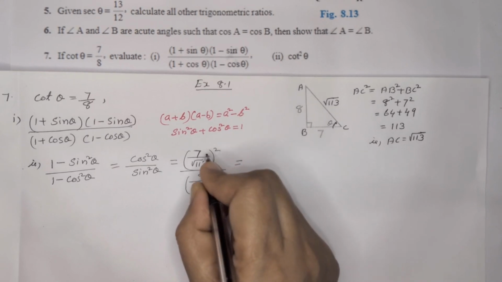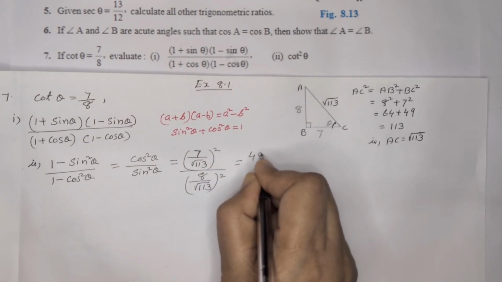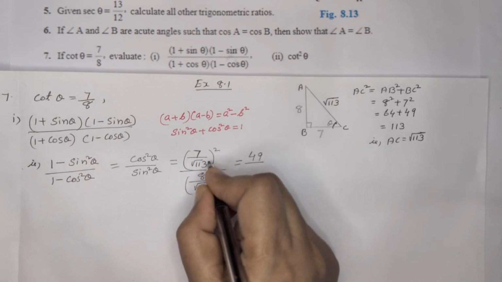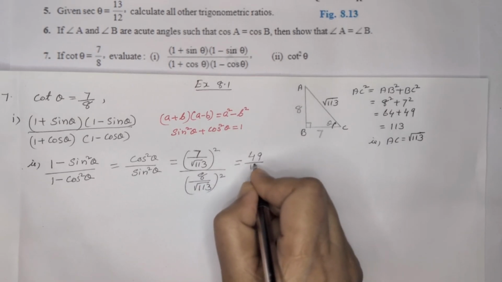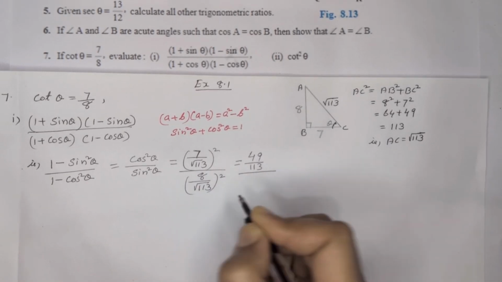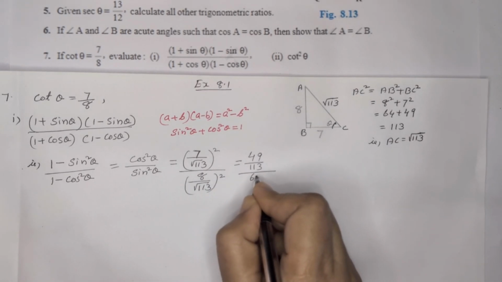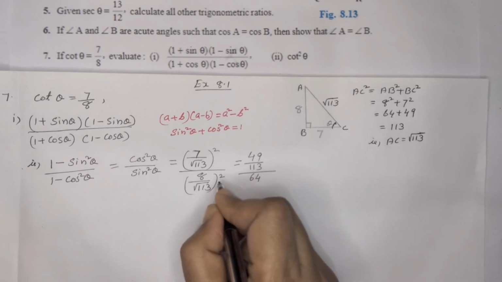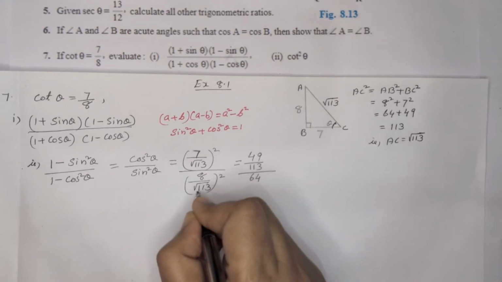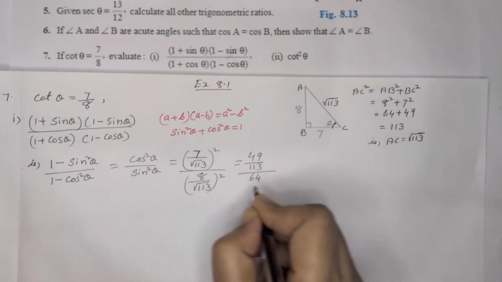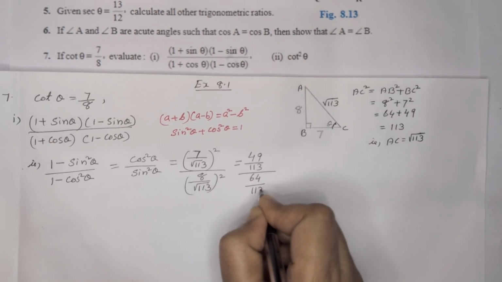When we find the square, 7 square is 49, the root square removes the root, then 113, the whole thing divided by 8 square is 64, and the square of root of 113 will become 113.